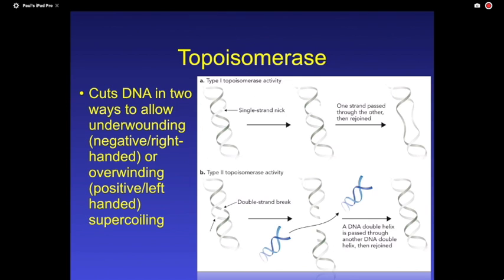Topoisomerase 2 cuts both strands and can actually move the DNA much more rapidly to release strain. Not only does it cut both of them, but it has to hold on to both strands to bring them back together. So there's a little bit more coordination in that.